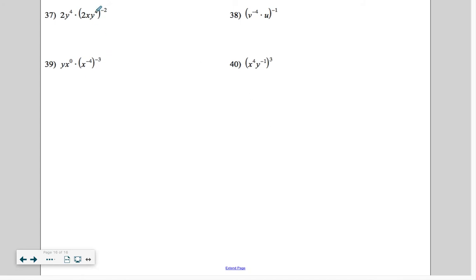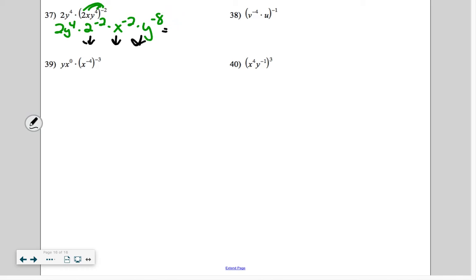Wow, Mr. P, you gave us a lot of problems. Yeah, but it's fun. Sprinkle, sprinkle, sprinkle. We have 2y to the 4th times 2 to the negative 2 times x to the negative 2 times y to the negative 8. Negative exponents go to the opposite side of the fraction bar. So all of these go to the opposite side of the fraction bar.